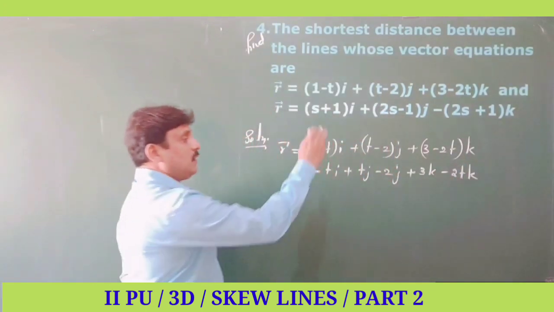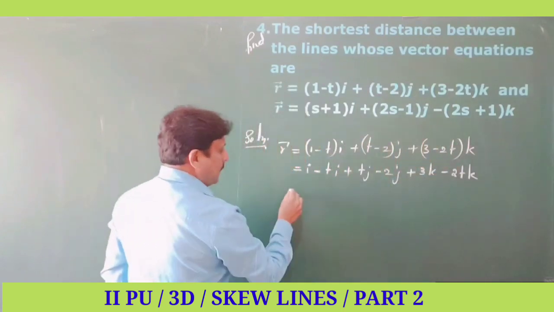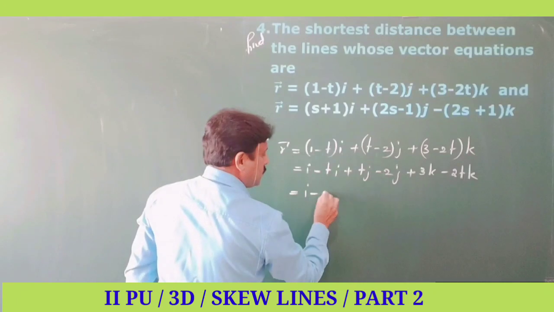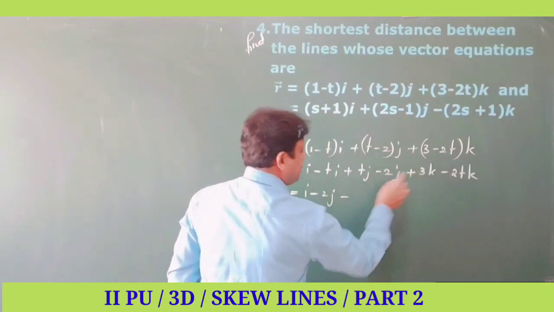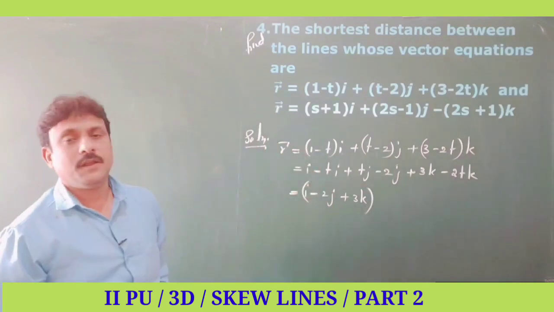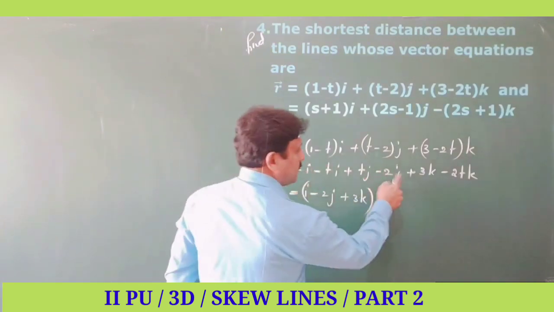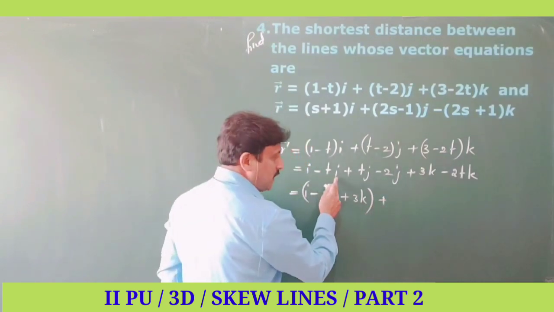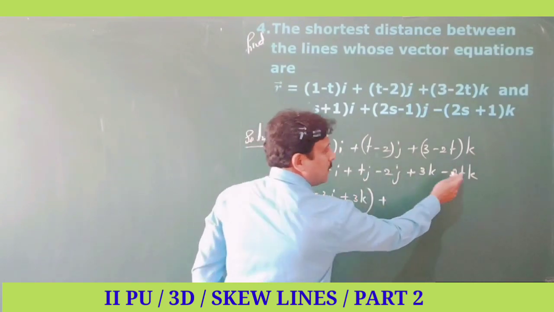Just multiply with i, j, k. Now i, minus 2j, plus 3k. Rearrange: i minus 2j plus 3k plus, next, minus ti, plus tj, minus 2tk.